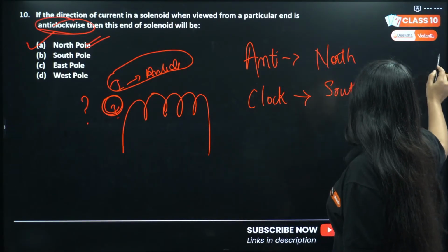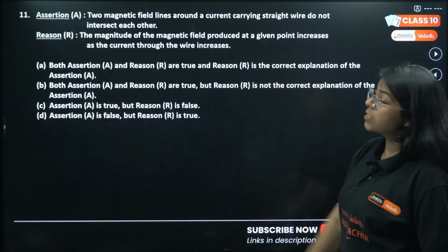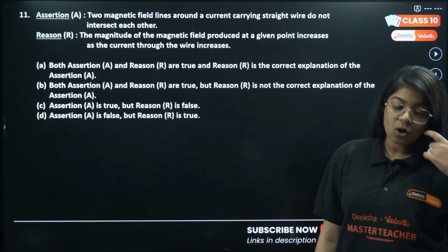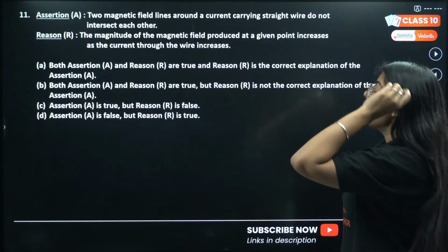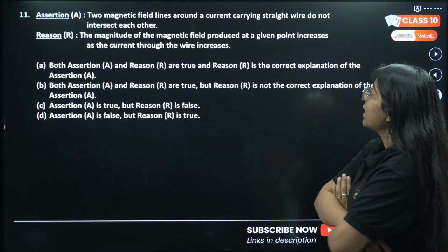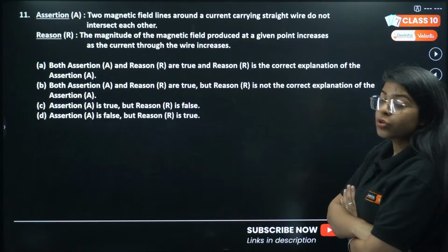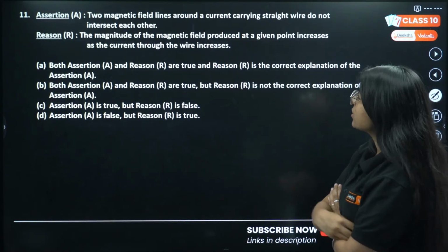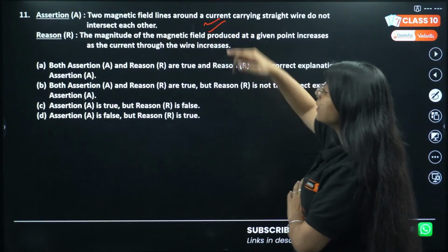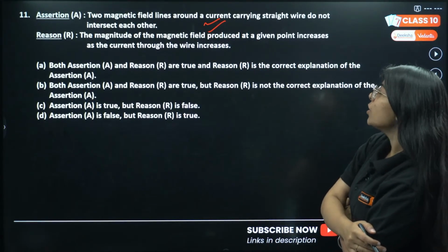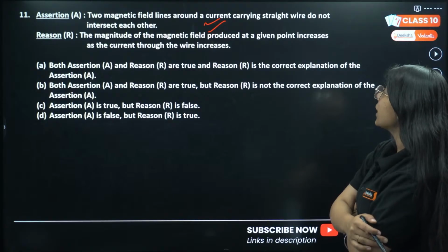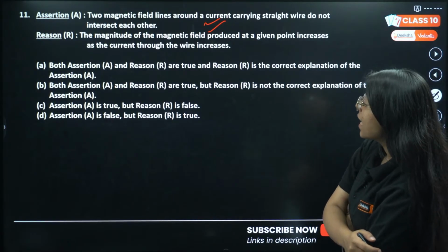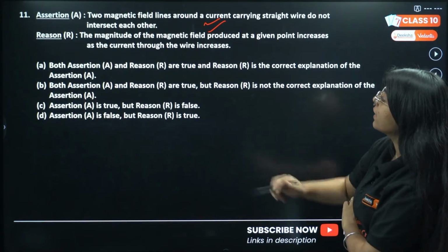Okay, next question, it says assertion reason question. These are also very important. Assertion says two magnetic field lines around a current carrying straight wire do not intersect each other. Okay, this makes sense. And the reason is the magnitude of the magnetic field produced at a given point increases as the current through the wire increases.